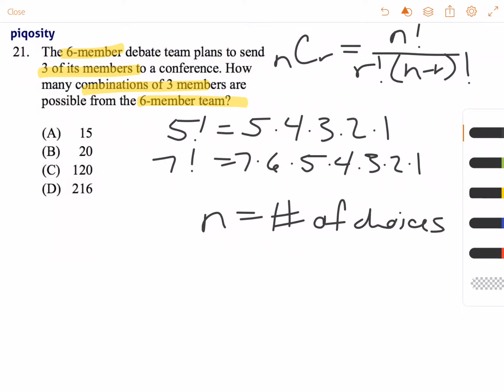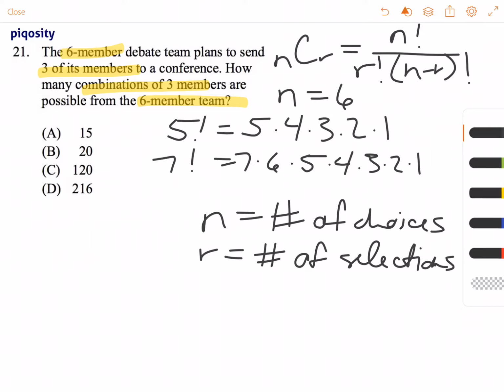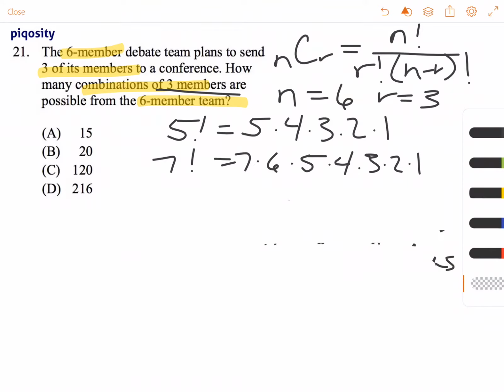So in this case, n is equal to 6, and then r is equal to the number of selections that you make. So you're choosing 3 members, so r is equal to 3. So let's get rid of this right here to make some room.